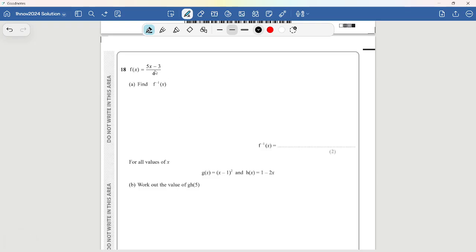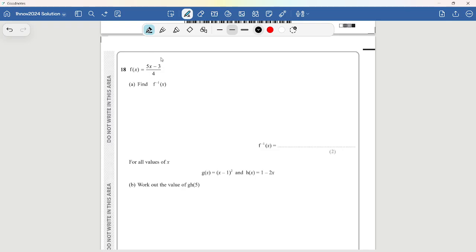f of x is (5x minus 3) over 4. Find f inverse x. So if this is a function, if I represent it using a function machine, I can see what's the input and the output. How do we get all the way from input to the output?